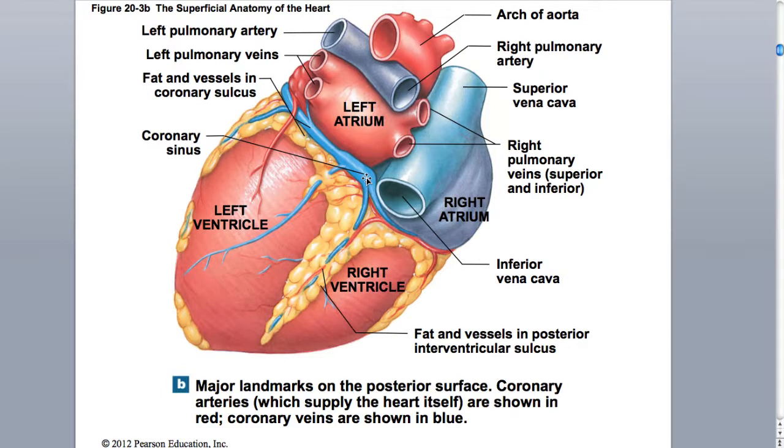That part right there actually feeds into the right atrium. So when the heart itself is done with its blood, the deoxygenated blood from the heart itself will go from the coronary sinus into the right atrium. Okay, next slide.